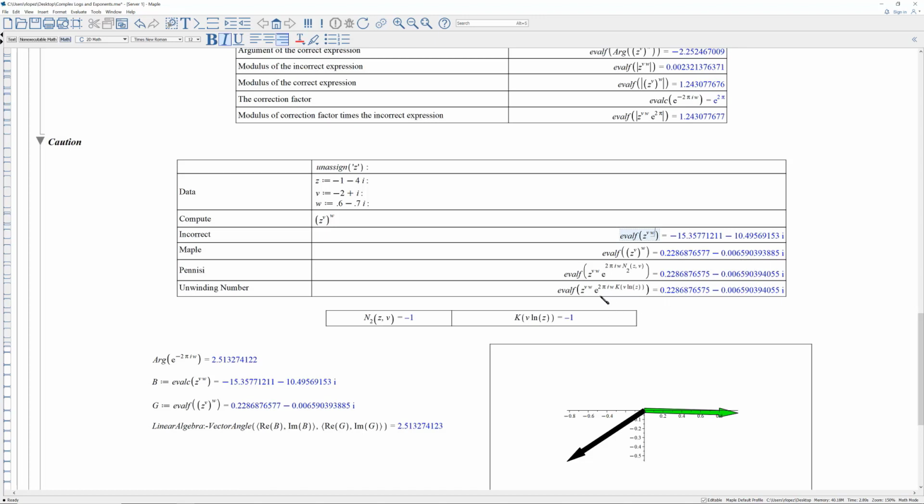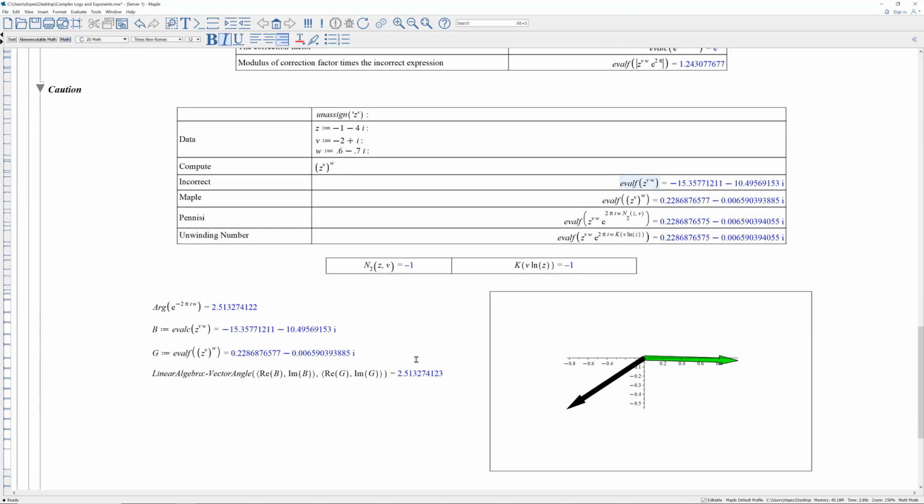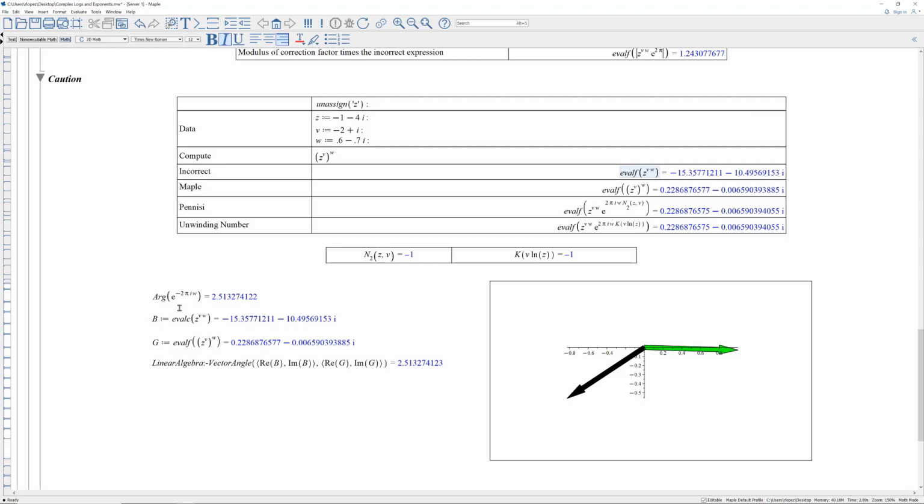And if you do the correction factor using the unwinding number, again it agrees with Maple. So the unwinding number minus 1 and n2 is minus 1. Let's take a look at this e to the minus 2 pi I w, because of this minus sign. See, that's where that w comes in. If it's not all packed with integers, then the argument is this.